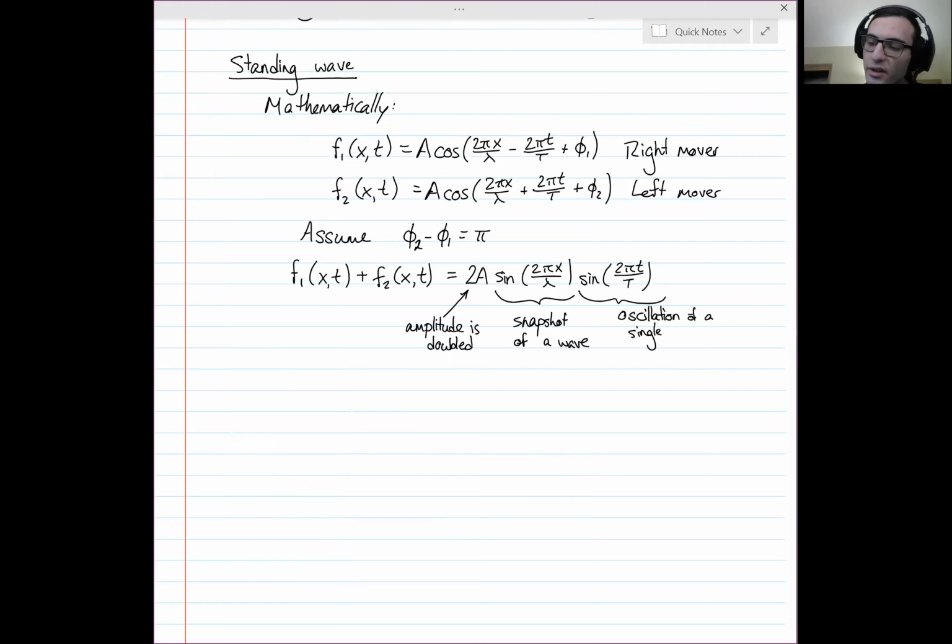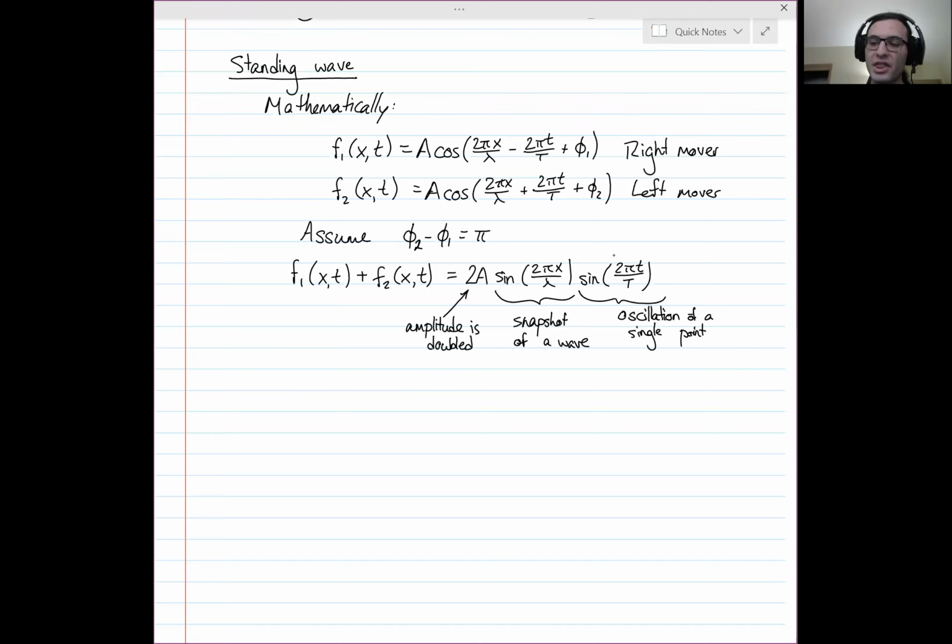And so this combined wave function still describes a wave, because if you set t to some constant, you get a snapshot, and if you set x to some constant, you get an oscillation of a single point.